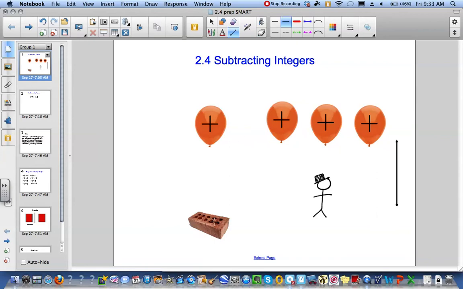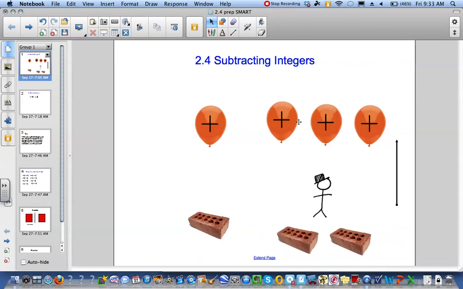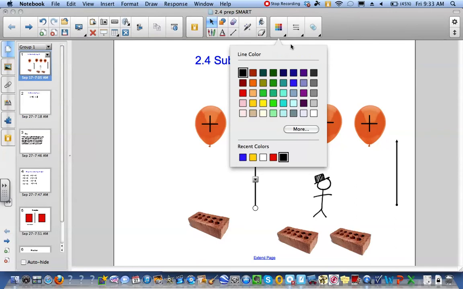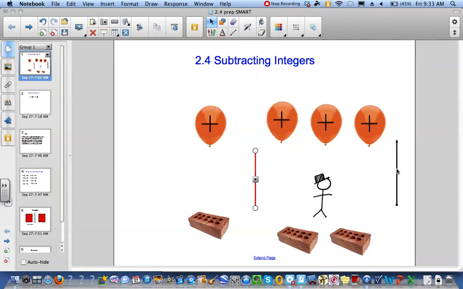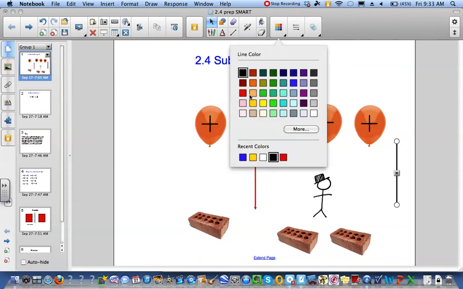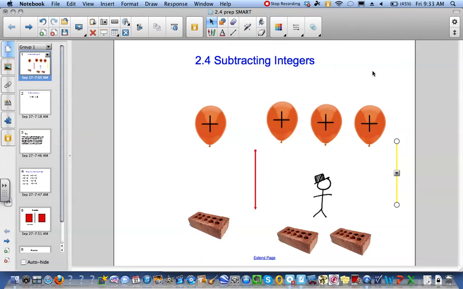Now, if I were to take some negative bricks and tie those negative bricks to him, that would unfortunately bring him down. And we'll even make this one yellow because you guys know yellow positive, red negative. So the 3 positive balloons are lifting him up and the 2 negative bricks are lifting him down.